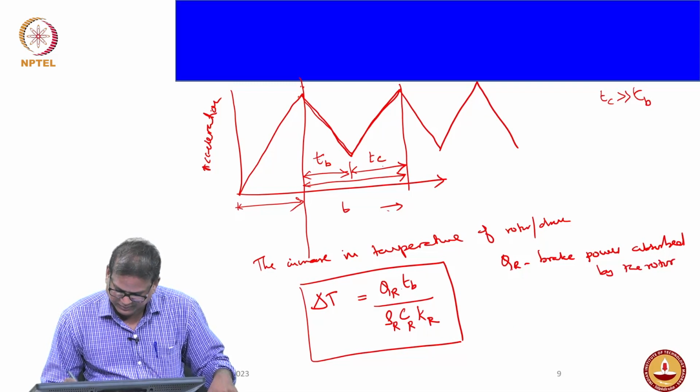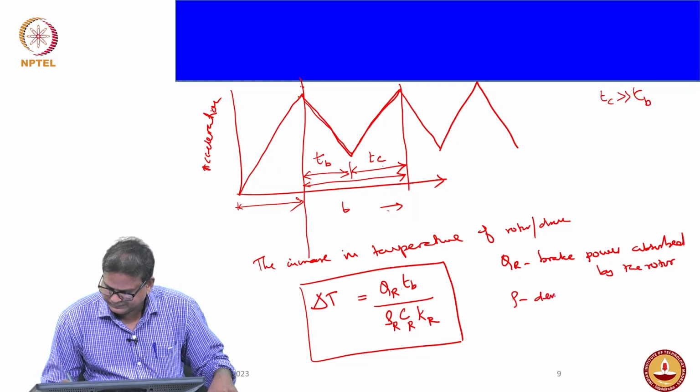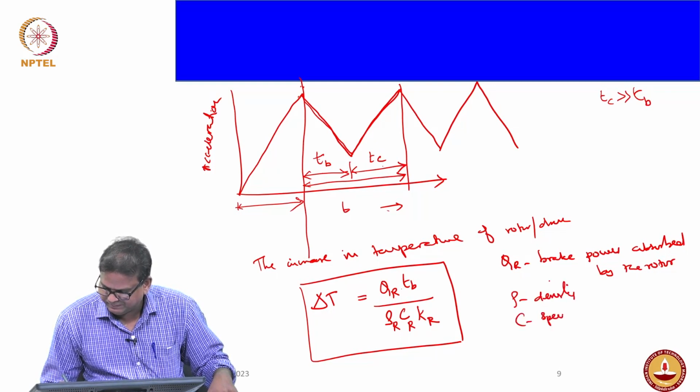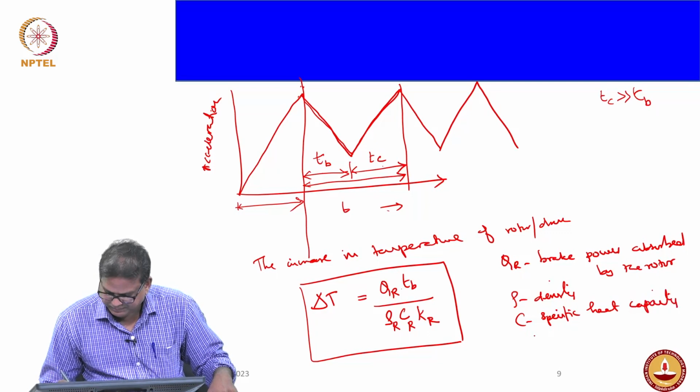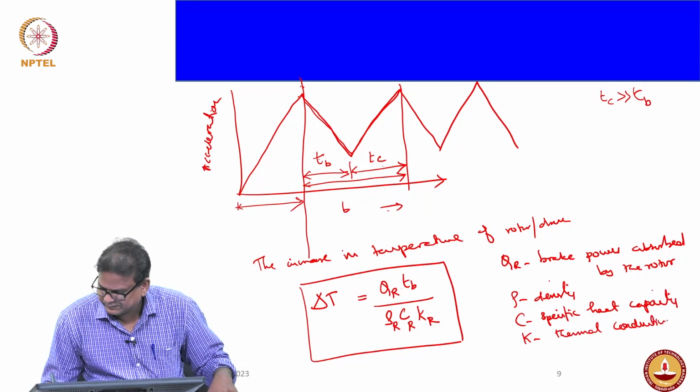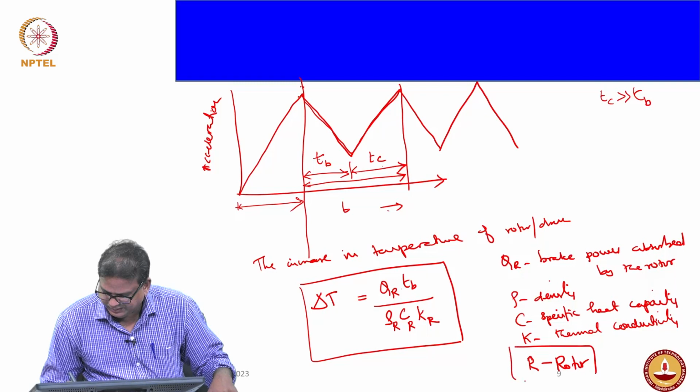Rho is density, C is specific heat capacity, K is thermal conductivity, and suffix R indicates the rotor.